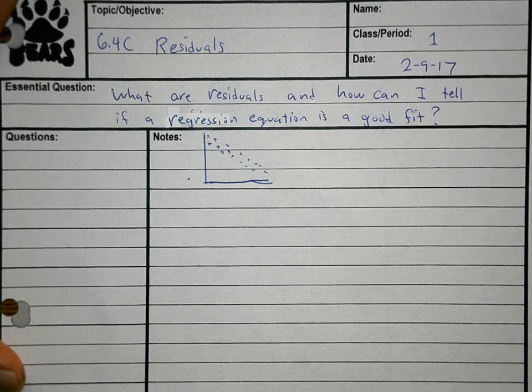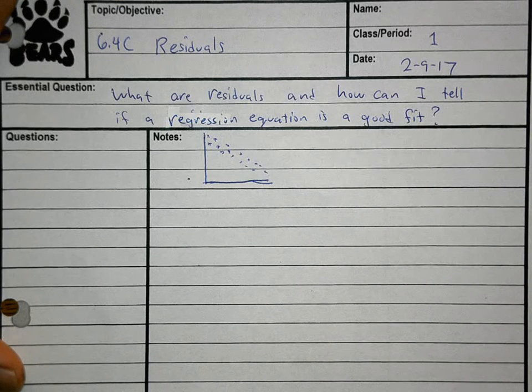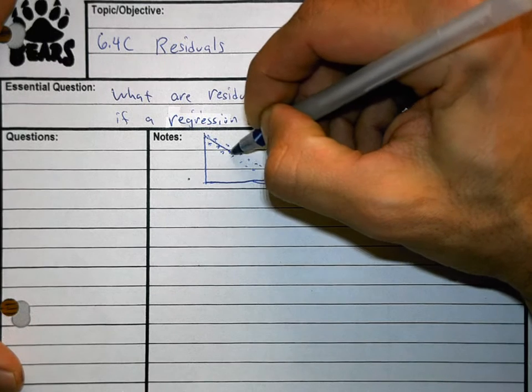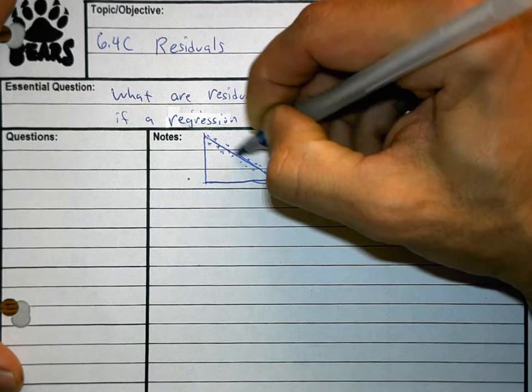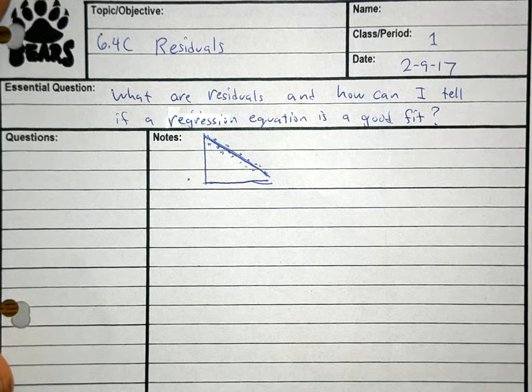So what we learned last time was how to find a line that best goes through almost all the points equally. For example, in 6.4b we figured out how to mathematically figure out what this line of best fit is.